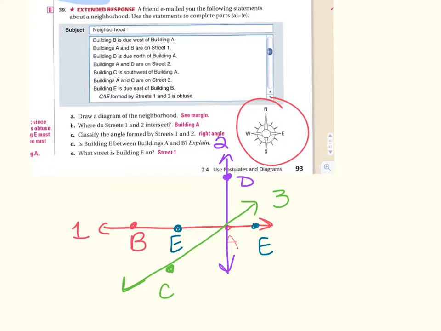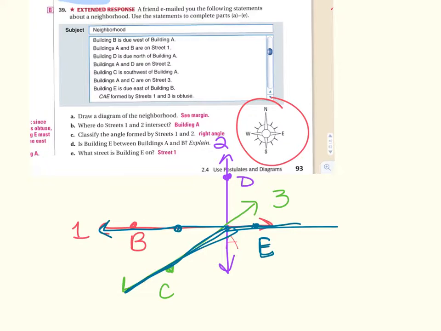So CAE, if I leave E on that side, does that look obtuse? No, which is what tells you that E has got to go on the other side. So E will stay here. Now I've got CAE here, which definitely looks obtuse. Now I've got my full drawing.